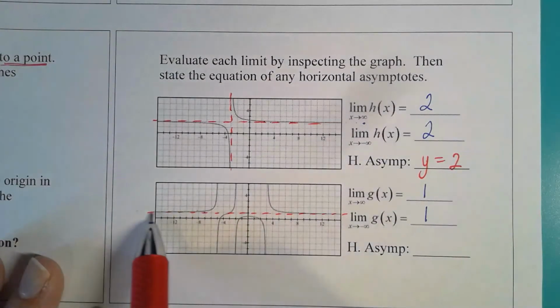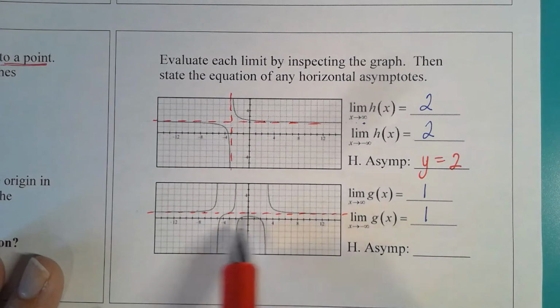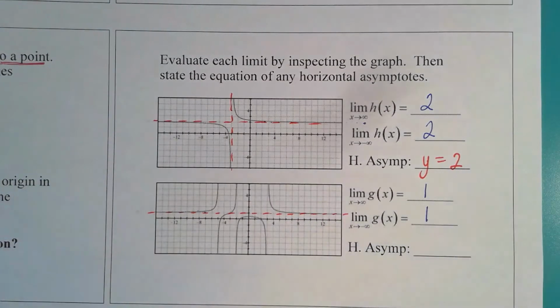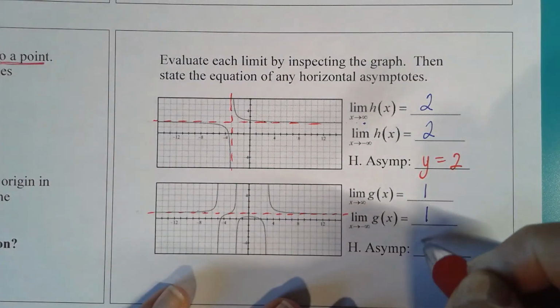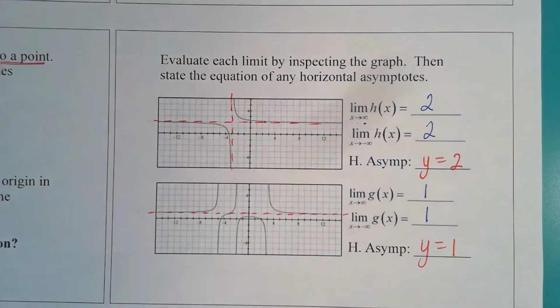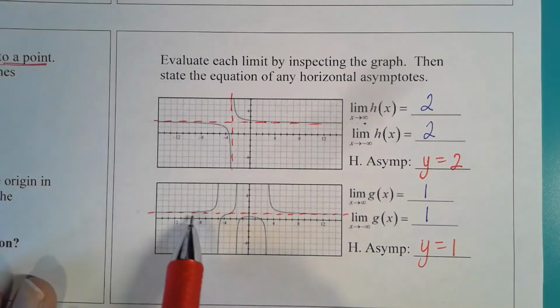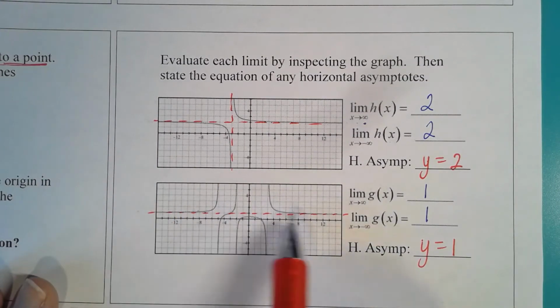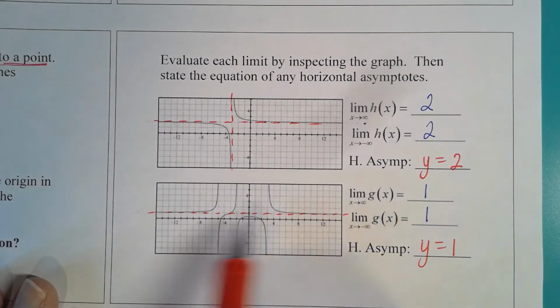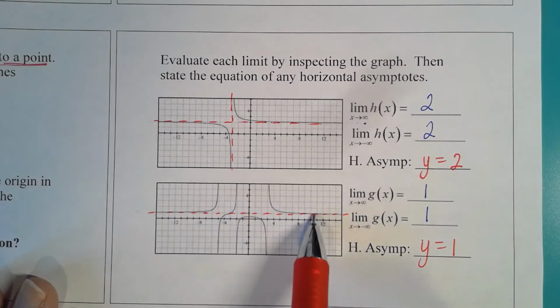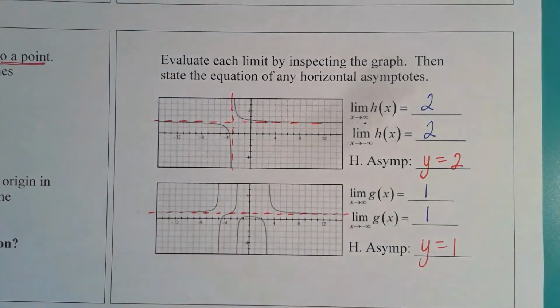You might think, well, this end is out here and this end's kind of flattened out, but gosh, this crossed, and there's a lot going on in the middle. This graph does indeed have a horizontal asymptote at y equals 1. Why? Because the graph in the ends takes the shape of that horizontal line.